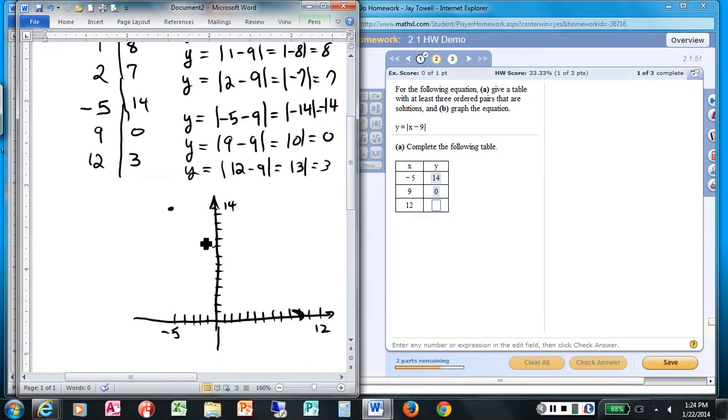I'm graphing all these just to get a nice idea of what this really looks like, since we don't know a whole lot about it right now. We'll know a lot more later on.